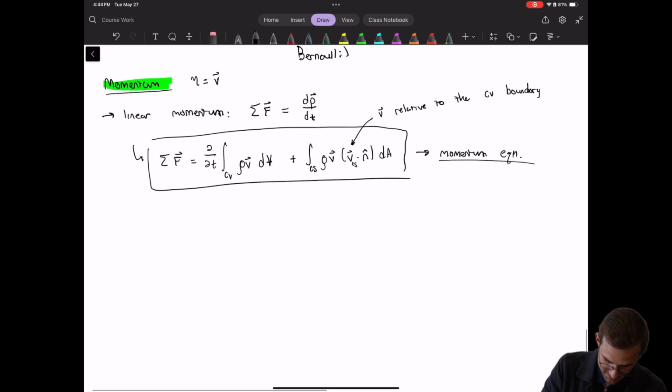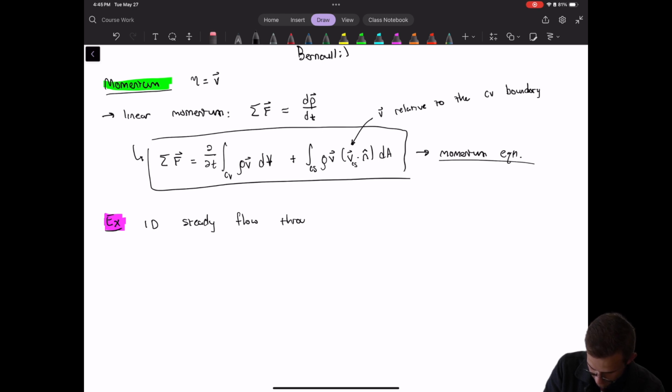Okay, so let's look at an example. In this example, we have 1D steady flow through a channel, and we're going to relate 2 points.